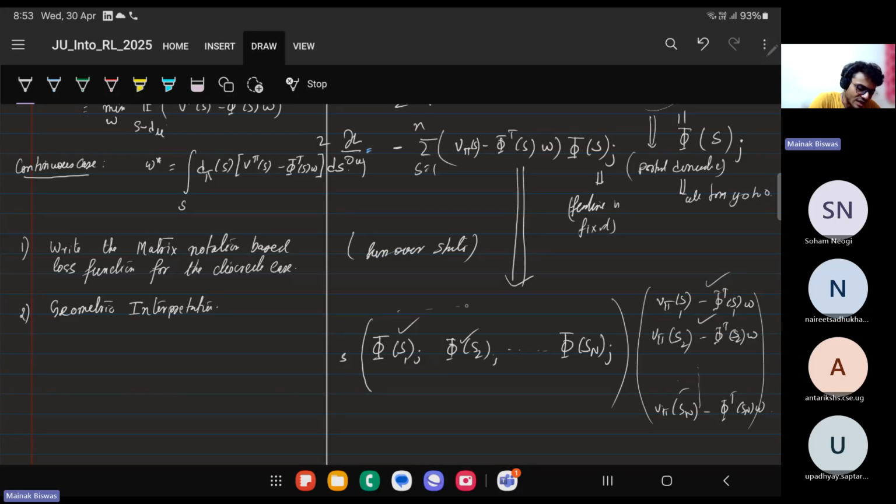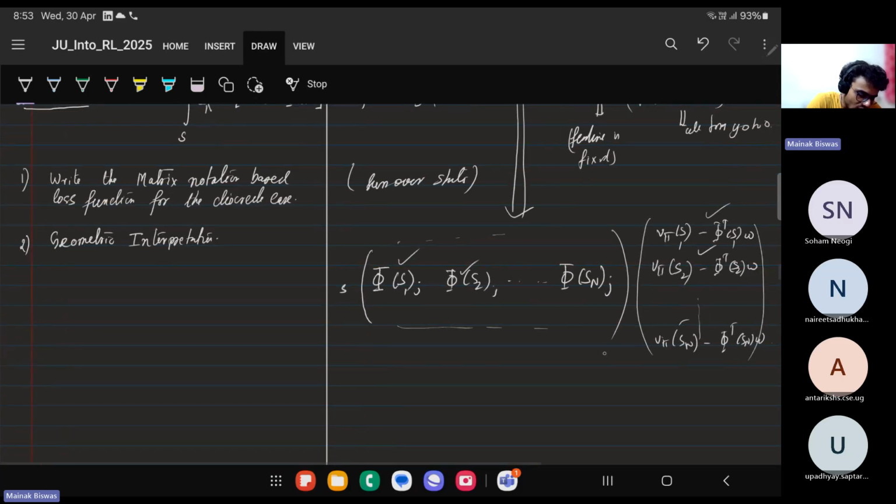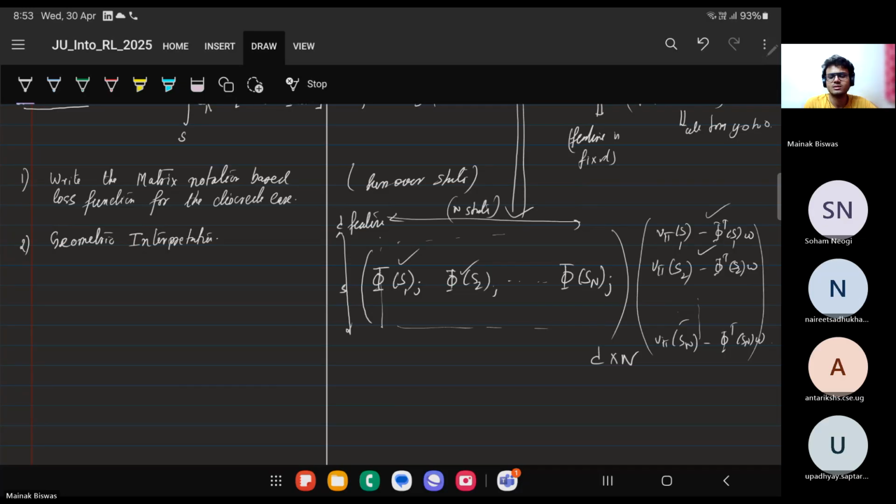So if I fill out this entire matrix, do you agree this is how much? There are d features and n states, so I have a d cross n matrix, correct? And this is basically what we have already found out. Yes or no?